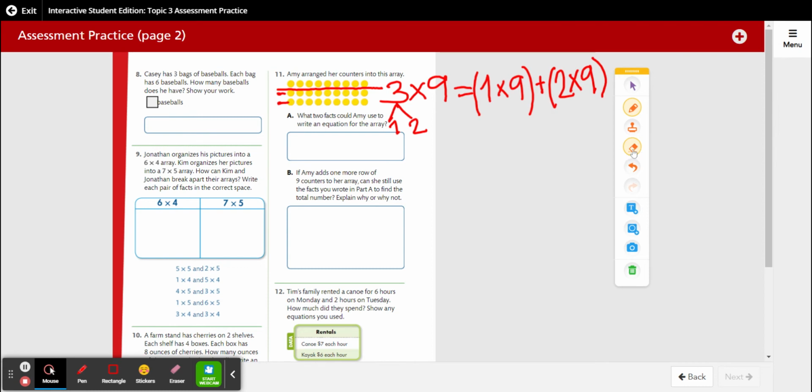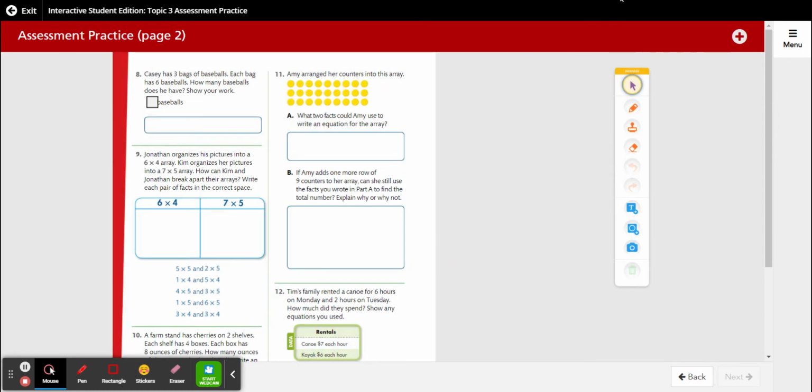Want to see another way? Okay. So I'm going to delete all this. Okay, so another way is that instead of breaking it into 1 times 9 and 2 times 9, I could even break it apart like this. Ooh. So now I have 3 groups.